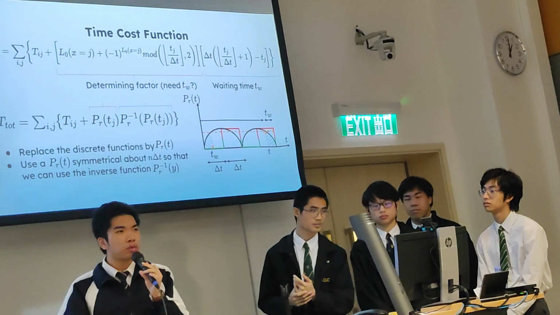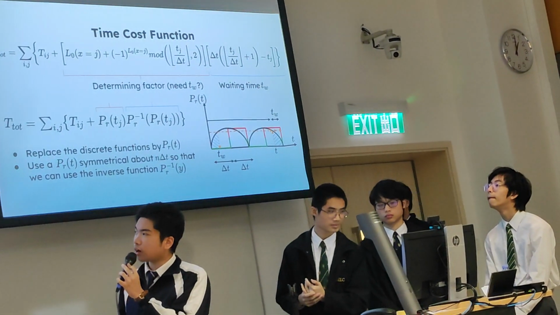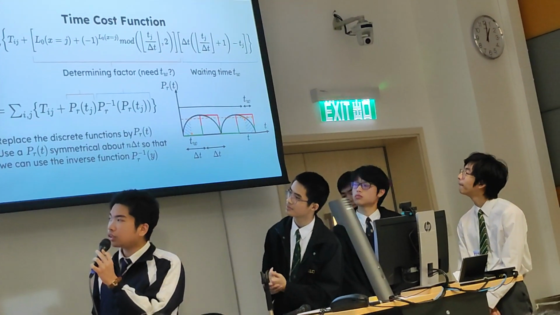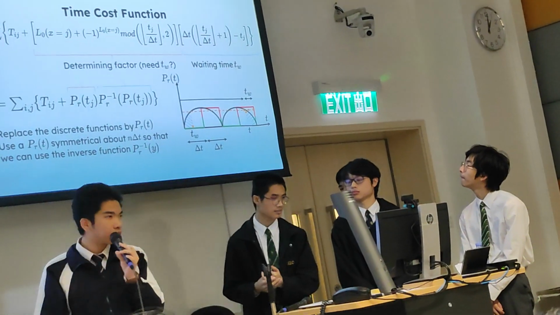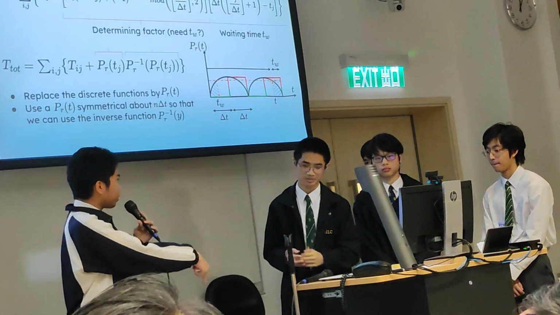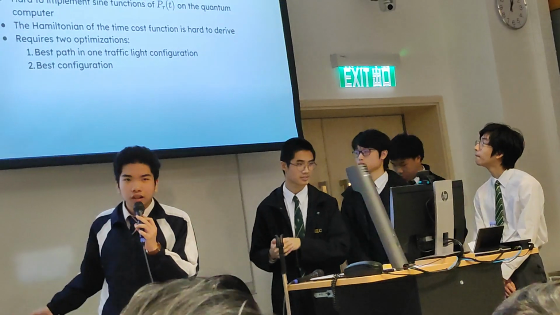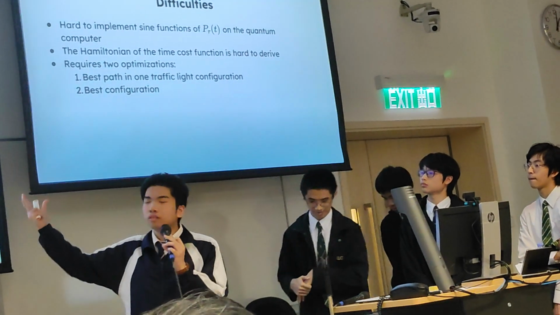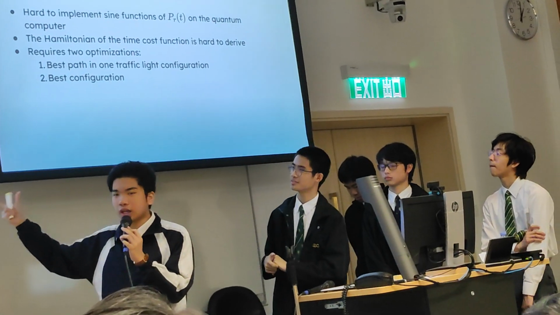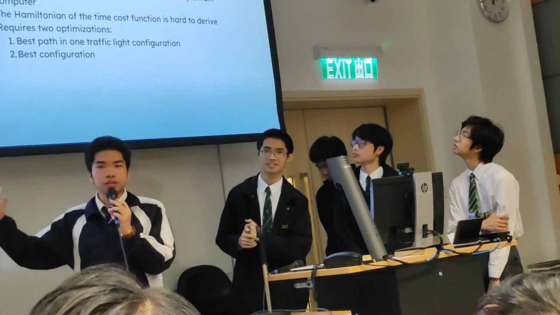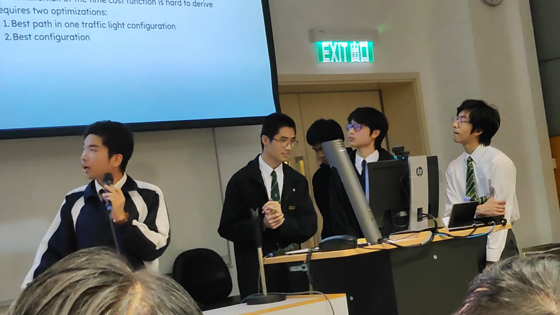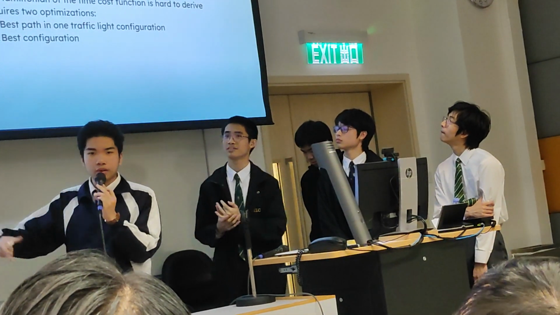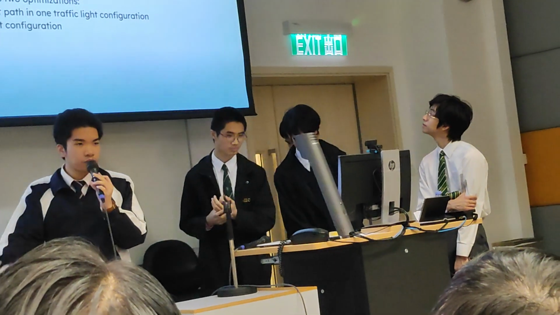After some manipulation, we also arrived at this simpler, general form of the time cost function. But unfortunately, as you can see from the size of the traffic light problem's time cost function, it is very hard to derive the Hamiltonian from that, and it's also very hard to implement the functions in a quantum computer.